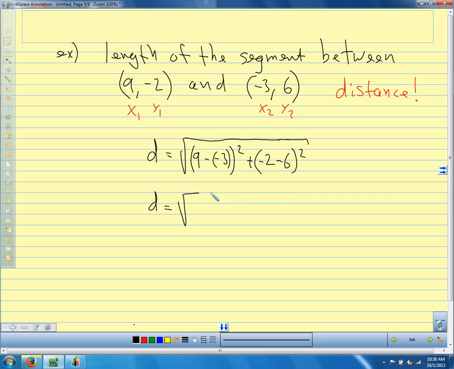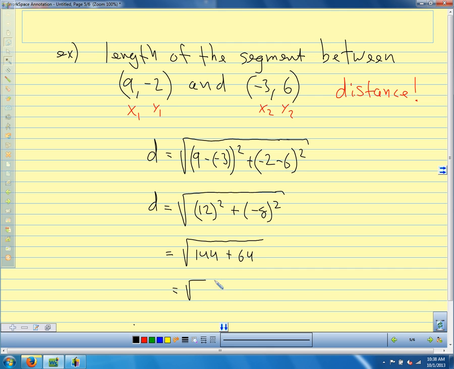So let's keep going. 9 minus negative 3, 12. So I get 12 squared plus negative 2 minus 6, negative 8, squared. 12 squared is 144. Negative 8 squared, we just had that one, 64.